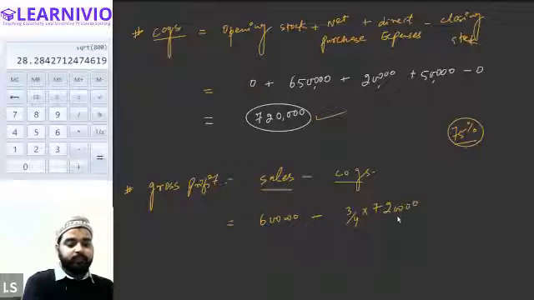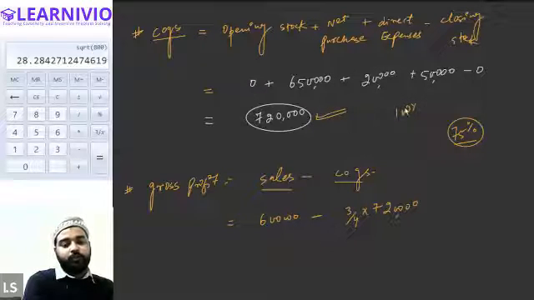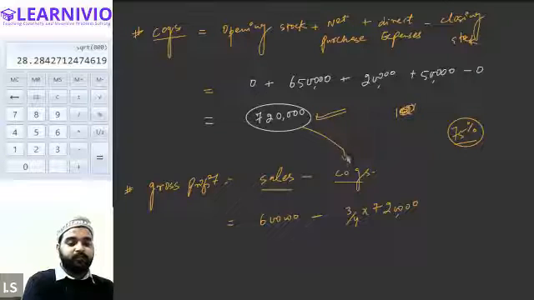Is this clear? Yes, sir. Why are we doing 3/4 of 7,20,000? Because we are not selling all the goods. If we had sold 100% of the goods, I would have taken the entire value of the cost of goods sold. But because we are selling only 75% in the market, I will also take only 75% of the cost to find out the actual profit or loss.